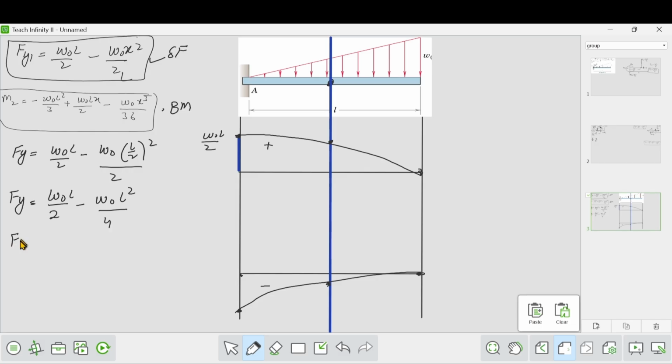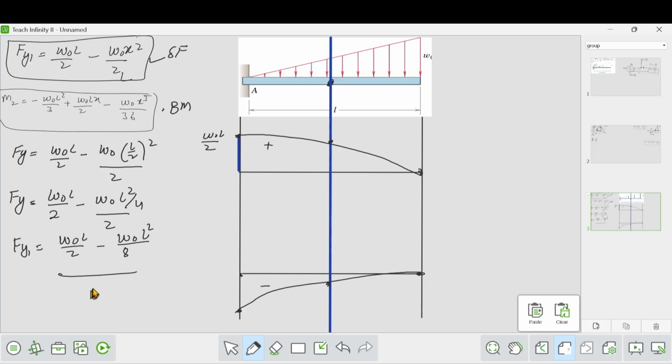So F_y is equal to, if I take the LCM, 4 to LCM of 2, 4L, so this will be omega naught, 2 omega naught L square. So the F_y value is, 4 2s are 8, so this will be 8. If I take L square divided by 4 whole divided by 2, so F_y1 is equal to omega naught L divided by 2 negative omega naught L square divided by 8.